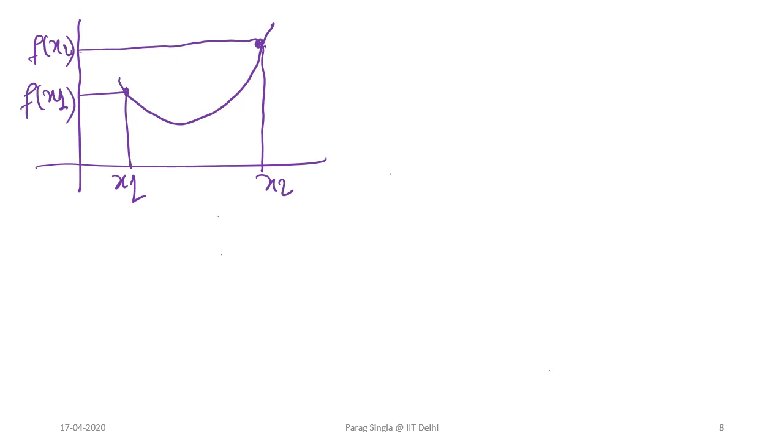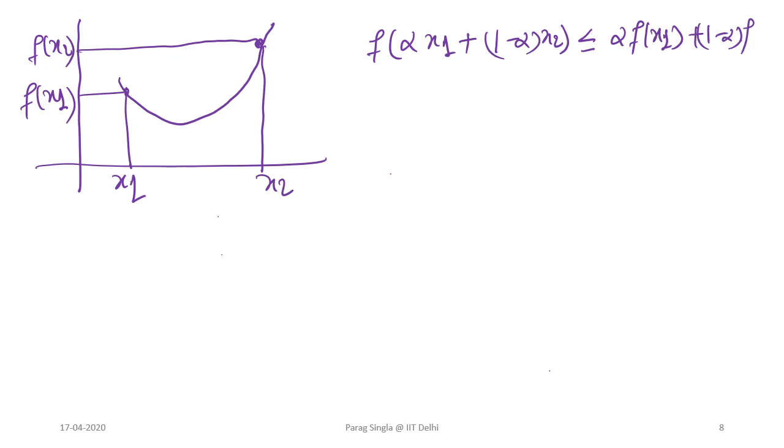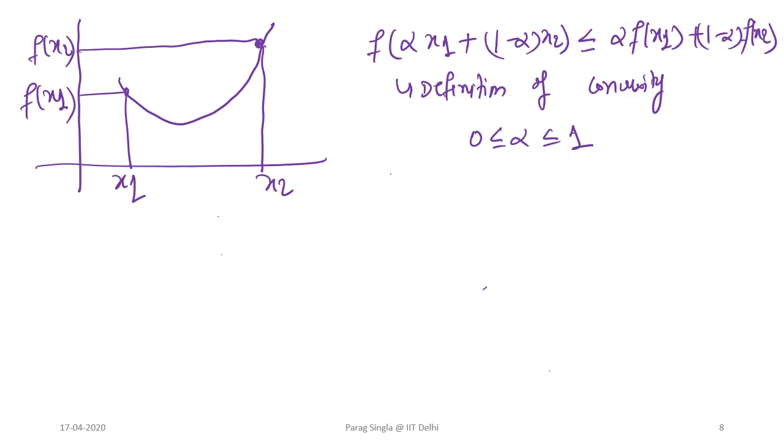The definition of a convex function states that f of alpha x1 plus 1 minus alpha x2 is less than or equal to alpha f of x1 plus 1 minus alpha f of x2. So this is the definition of convexity, where alpha is between 0 and 1, and we stated that on the previous slide.